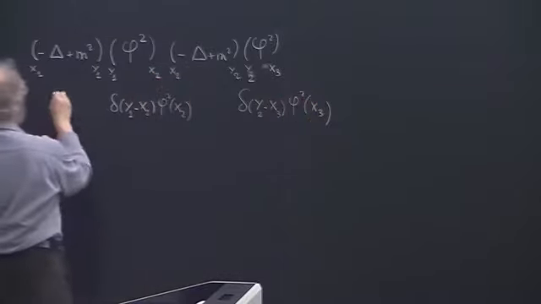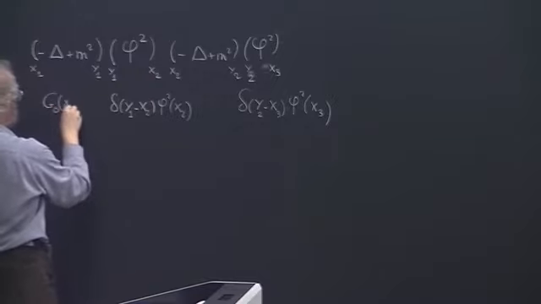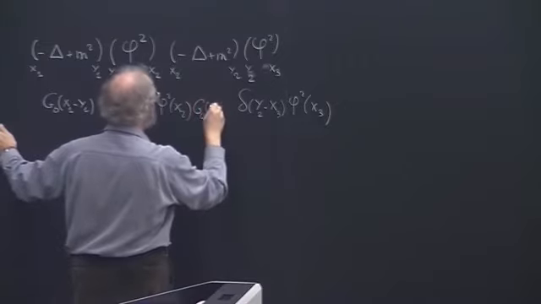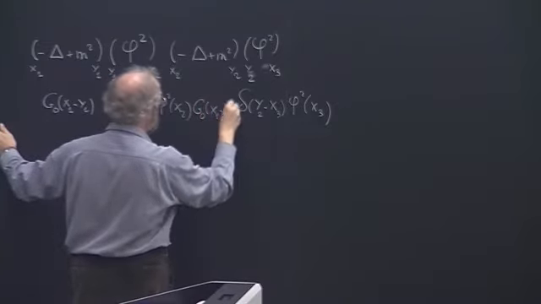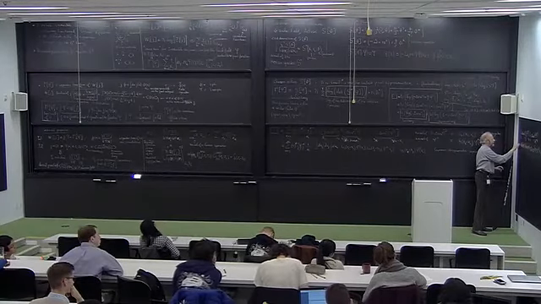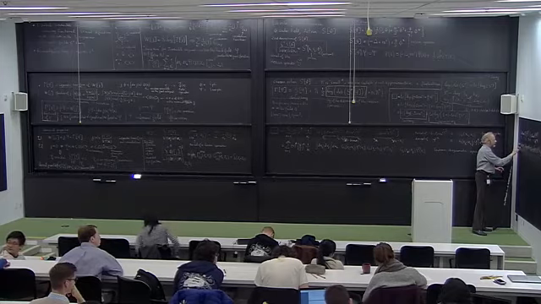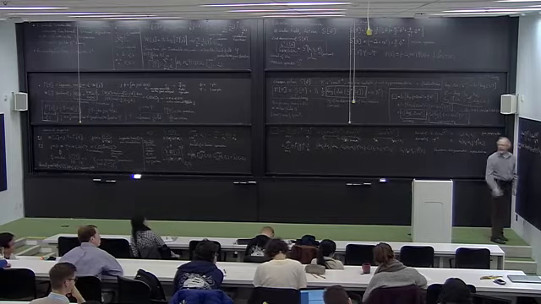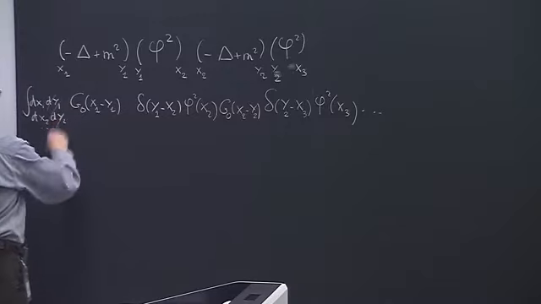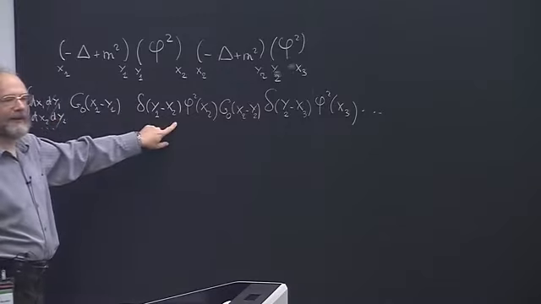And here I have a propagator g naught of x1 minus y1, and here I have a propagator g naught of x2 minus y2. And I have to integrate over dx1, dy1, dx2, dy2, etc. So as a first step, I can integrate over the y1 and y2 because it's very easy.